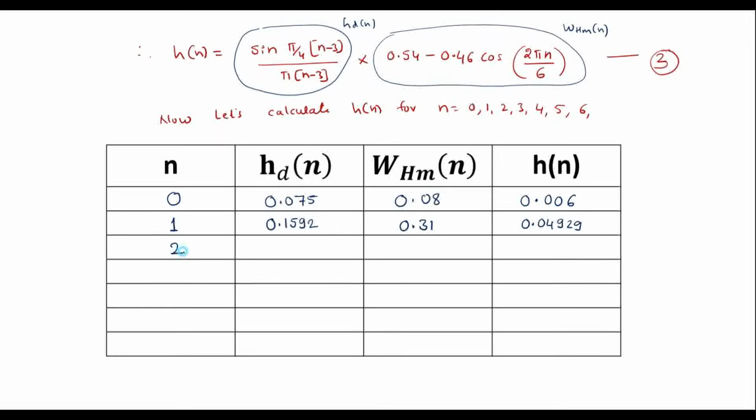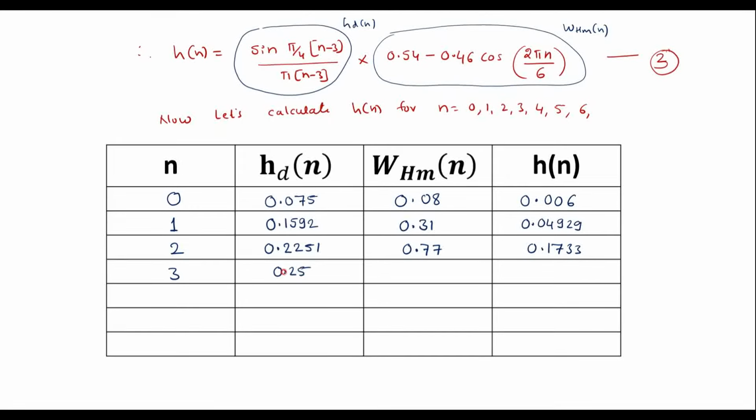Similarly, for n equal to 2, hd of n gives 0.2251. For n equal to 2, whm of n gives 0.77. Multiplying these two, it gives 0.1733.